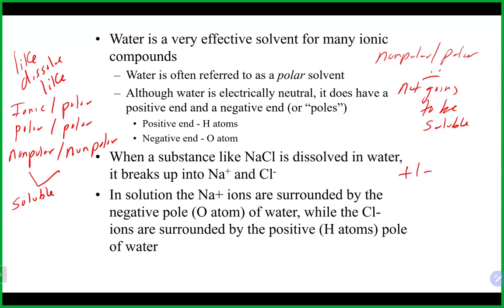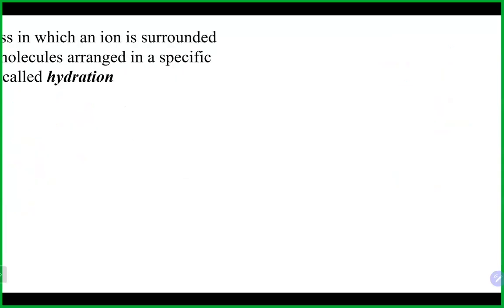That's why water, which has a positive and negative side, works really well for ionic compounds, because there's a positive ion and a negative ion. It also works well with polar things because they also have a positive side and a negative side. That's how pretty much all interactions occur. The positive side of one molecule is attracted to the negative side of another. That's pretty much how everything interacts in terms of molecules.